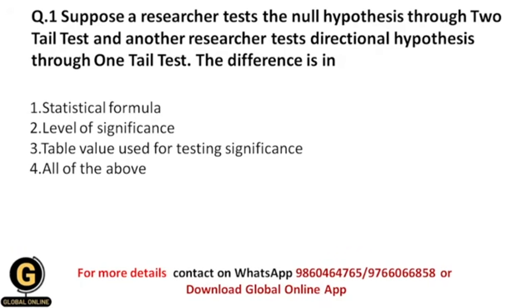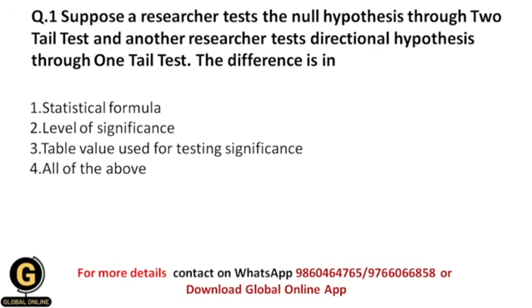Basically students, in a one-tailed test there is only one end for the alternative hypothesis, and that's why it is called a directional hypothesis. But a two-tailed test has two ends, both the left and right ends.